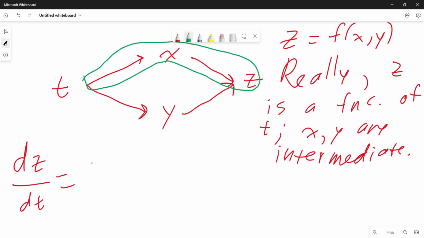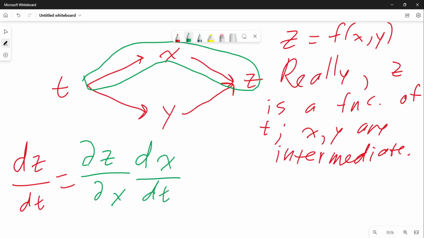Let's be very careful there. Now z is a function of both x and y, so we will say del z over del x. X is a function of t alone, so instead of the partial, we just do a regular derivative, dx over dt.